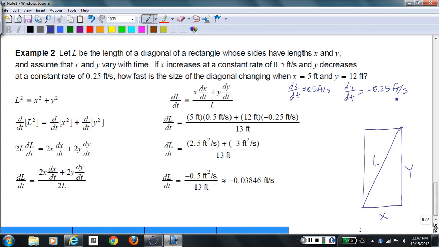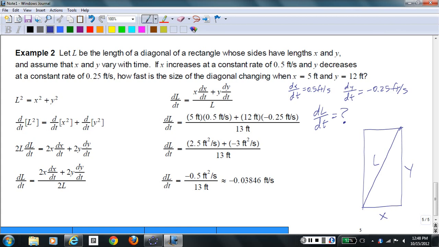That's given information. It wants to know dL/dt, and although it does not specifically give us the value of L, we can use the Pythagorean theorem and come up with the current length of the diagonal.